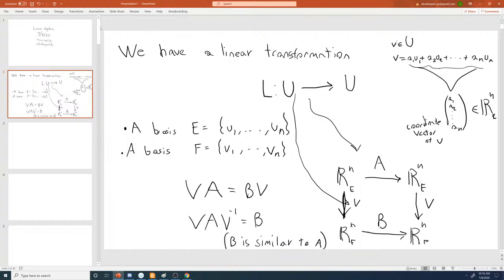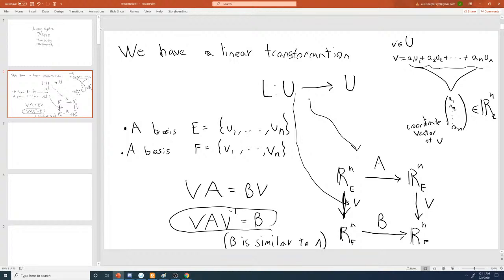Often the problem we face when studying similarity problems is we're given the matrix A with respect to some basis that we understand very well, and then we're given a second basis F, and we're asked to figure out what our linear transformation looks like with respect to the second basis. The basic principle of computing it relies on this relation.